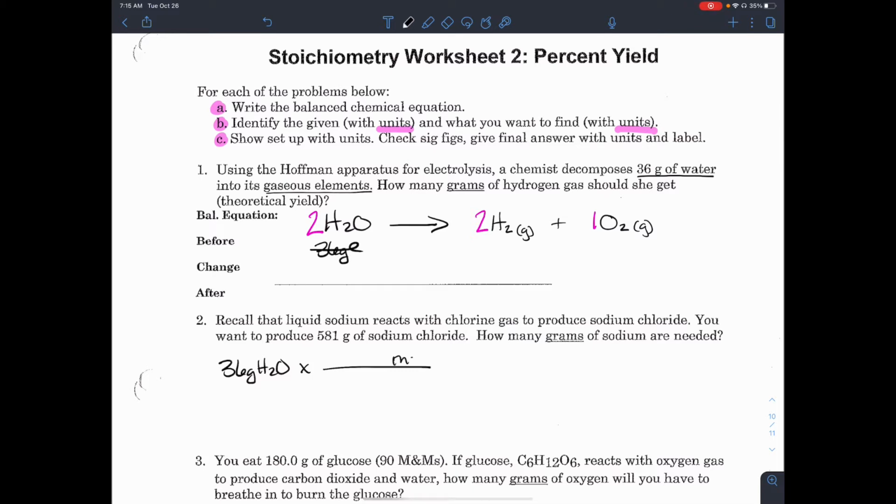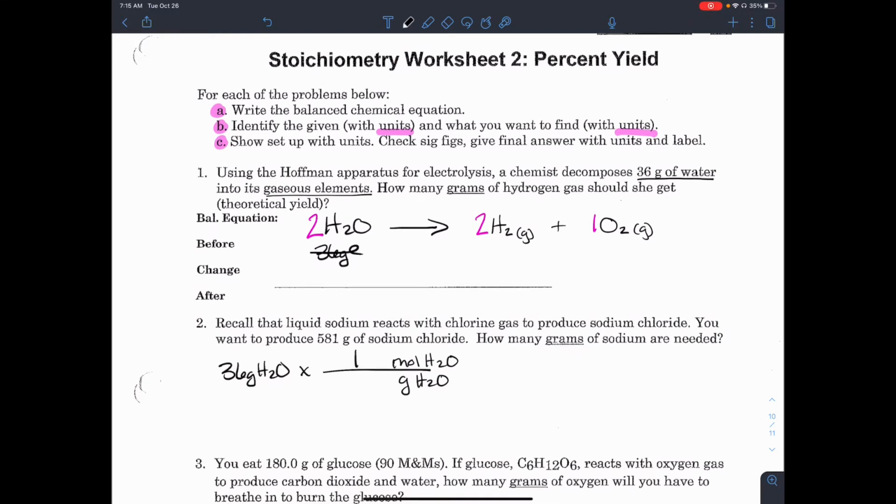Because the thing that I want to finish with, which is moles of water, goes in the top of the ratio, and the thing that I want to cancel goes in the bottom. Then I only have to remember what that ratio is. 1 mole of anything is equal to its atomic mass. So the atomic mass for water is just the weight of the H's and the O's.